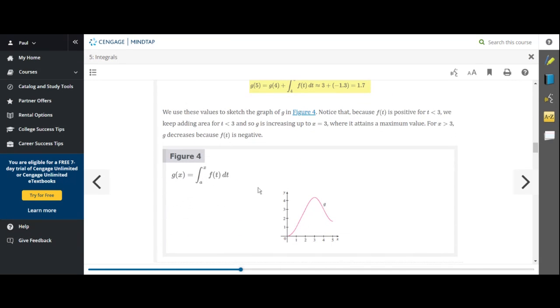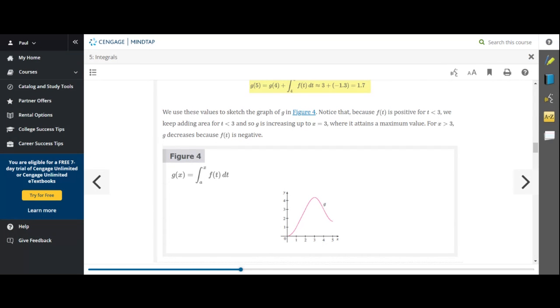And what they do is they plot the g function here. They computed the g function for 5 values of x, so you get coordinates, and you can plot the g function.